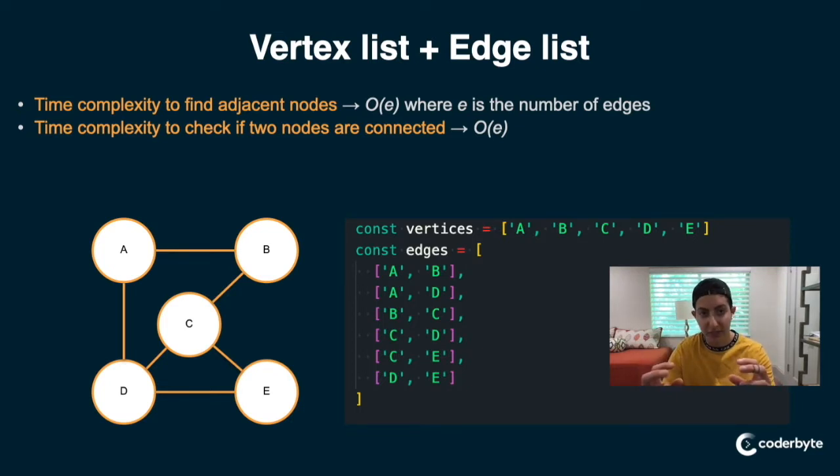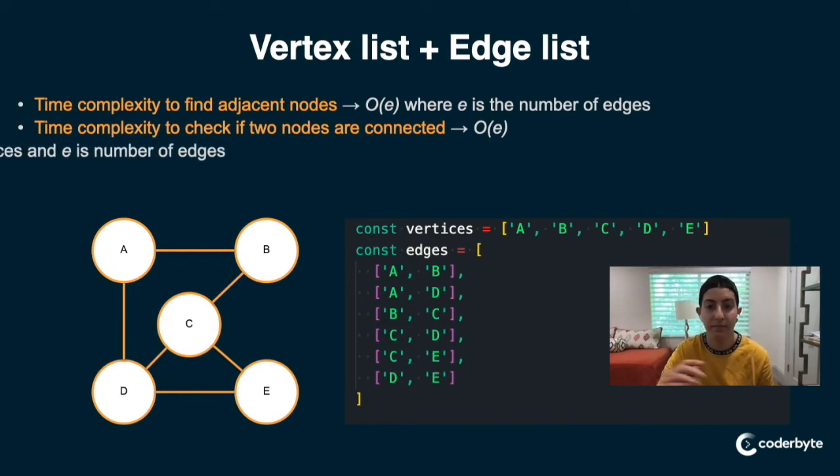So this one is a worst case scenario, because you might find that the first edge is the 2 nodes that you're looking for, and then you could say, return, great, I found it. Worst case, though, it's the last one. It's the last pair in the edges array. So you'd have to go through all of the edges. So worst case, it's big O of E, where E is all of the edges.